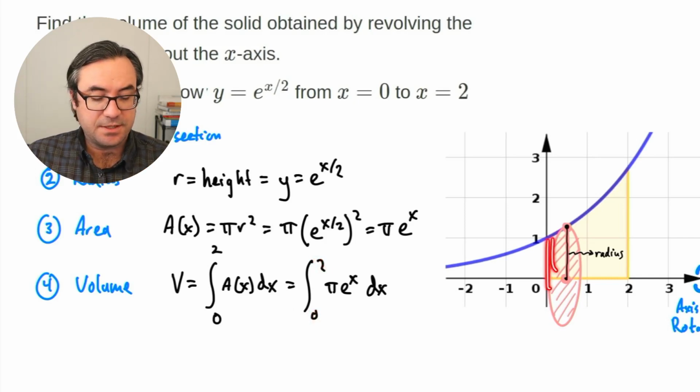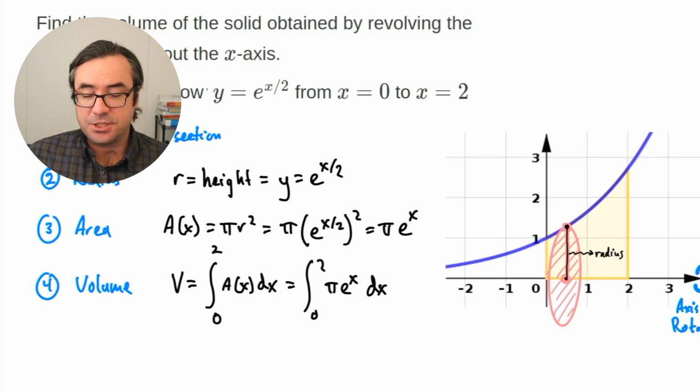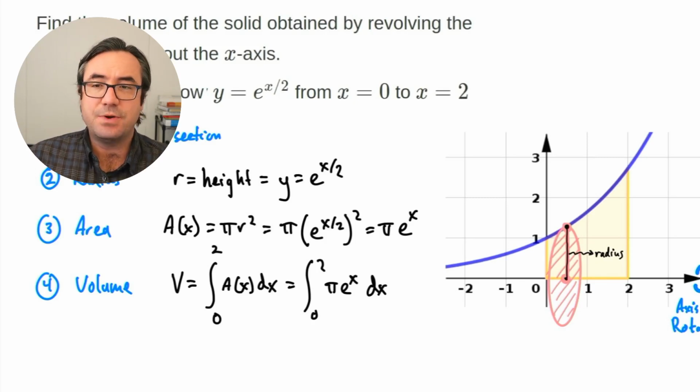So we're slicing this up into a whole bunch of little pieces, finding the cross-section of each, and then adding up the volume of each of those individual cross-sections to get the total volume. And now it's just a regular definite integral. So we've done the whole setup here, and now we're ready to finish the integration.